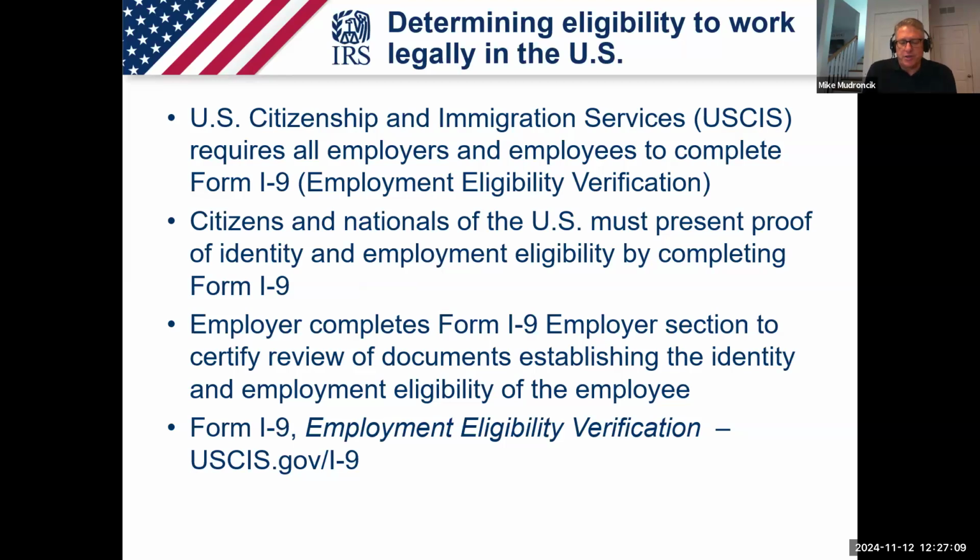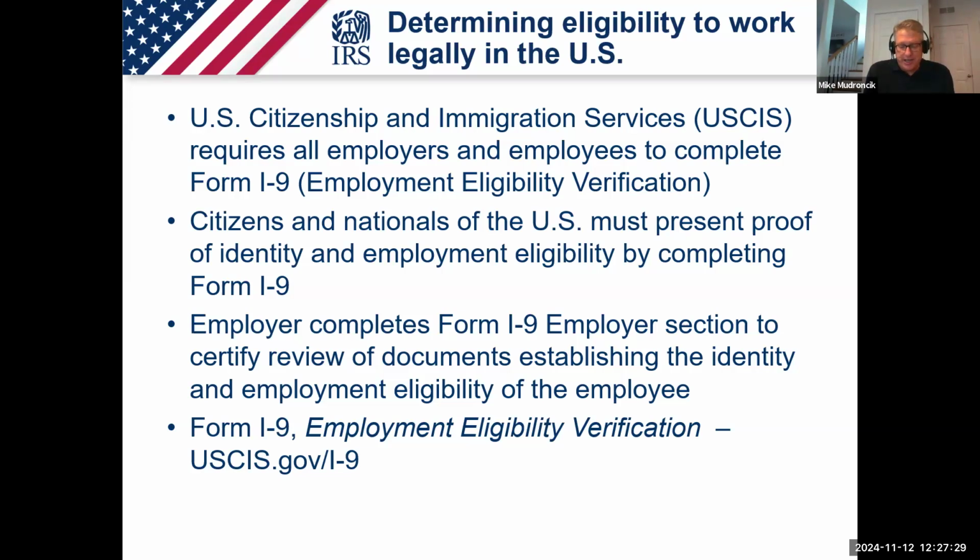So let's start with you, as the employer, needing to determine the eligibility of the individual coming to you, whether they can work legally in the United States. As an employer, you are responsible for determining that employees are legally eligible to work in the United States.